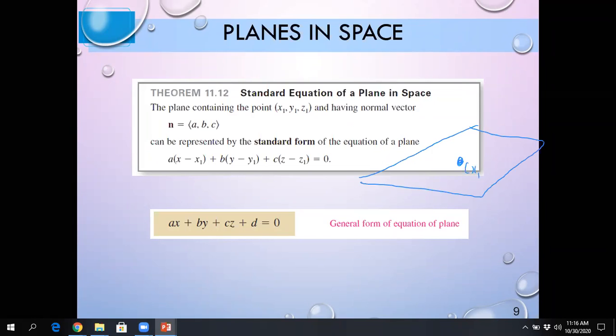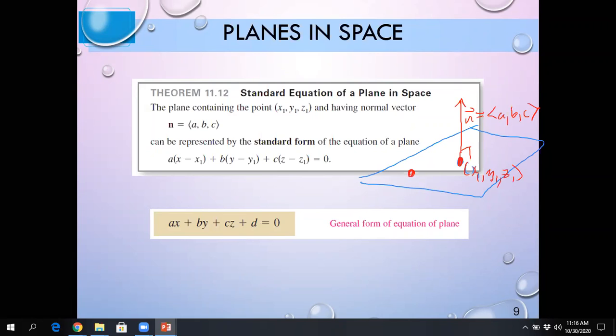x1, y1, z1, and I know I have a vector that is normal, so it is perpendicular to this plane, and I call that n, which happens to be A, B, C. Now, how do I describe any other point in this plane?